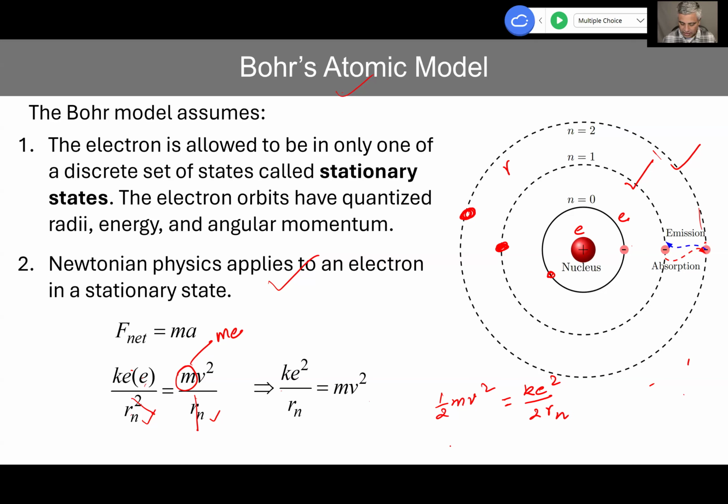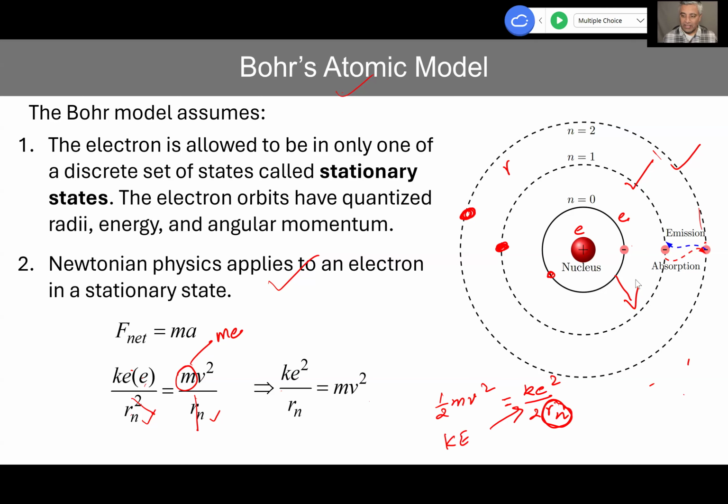We're going to be using this equation later. Basically, in this model, this helps to give the radius of the orbit and tells us in what orbit the electron is.